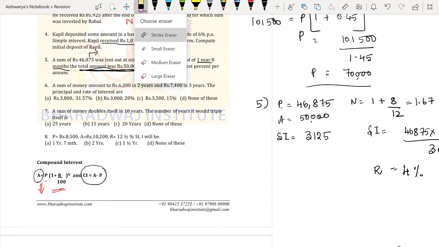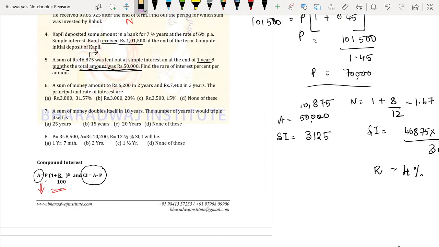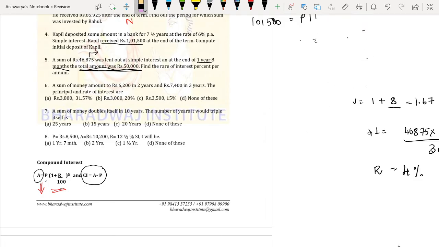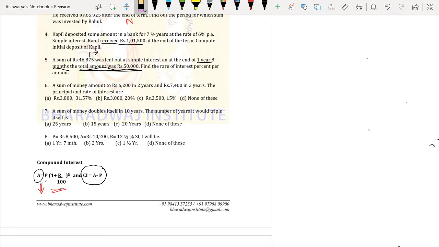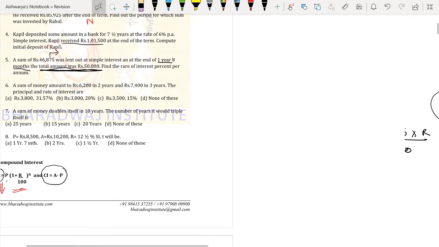So how we would solve this is, the amount in 2 years time, the amount at the end of the second year, is 6,200. Amount at the end of the third year is 7,400.